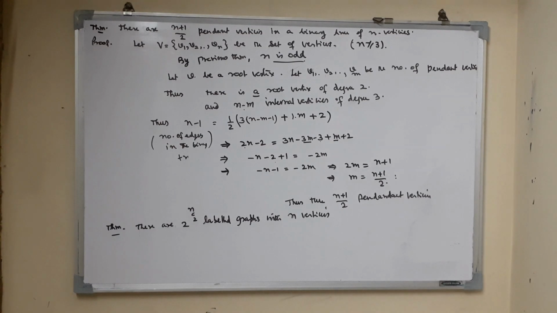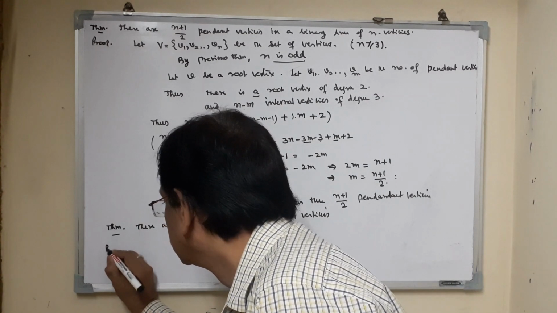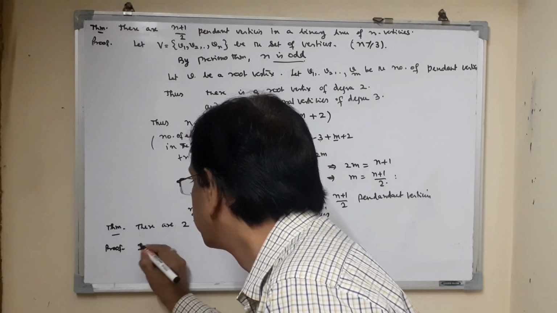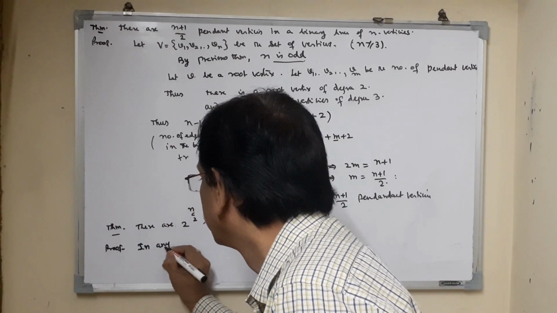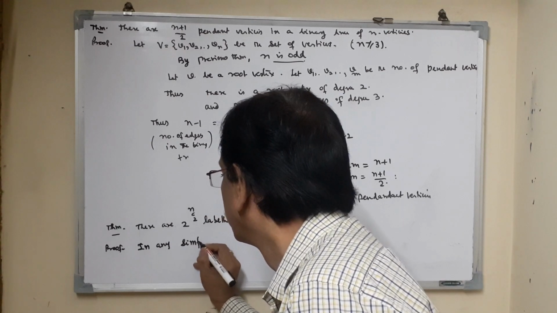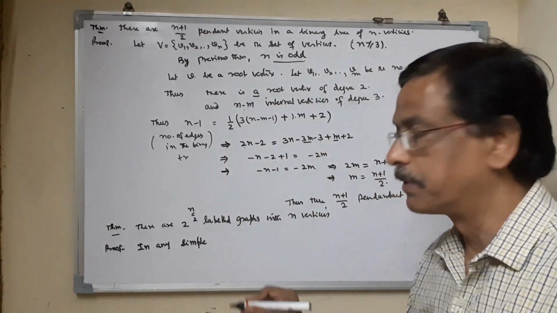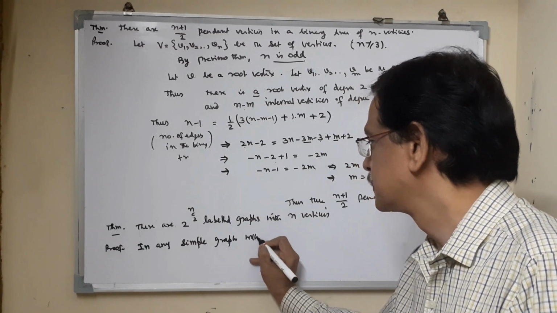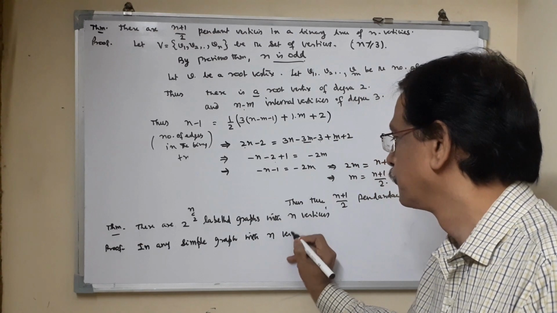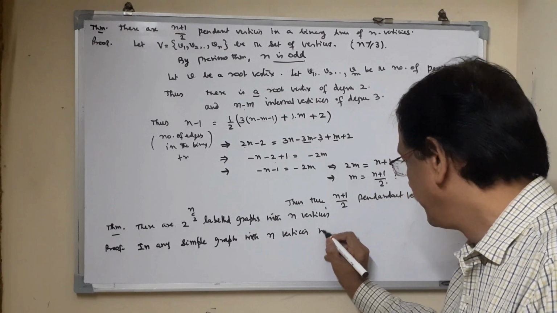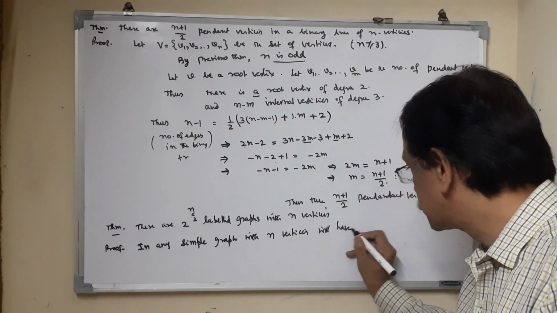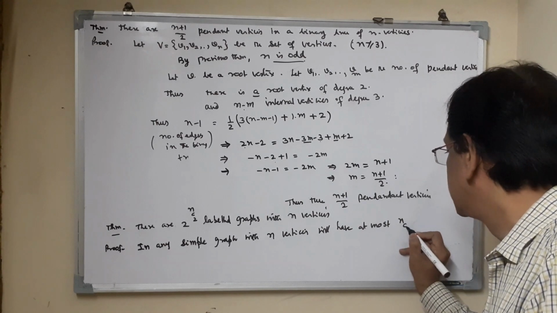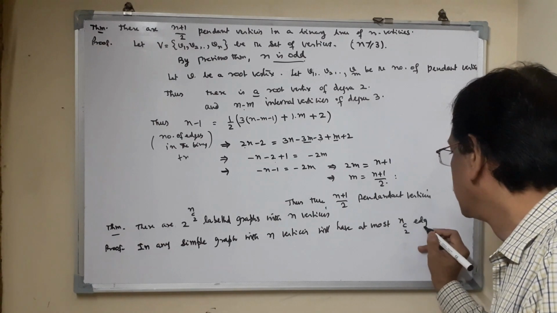The proof is: any simple graph with n vertices will have at most nC2 edges.